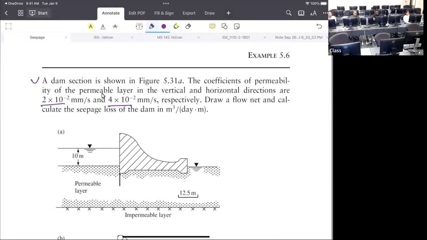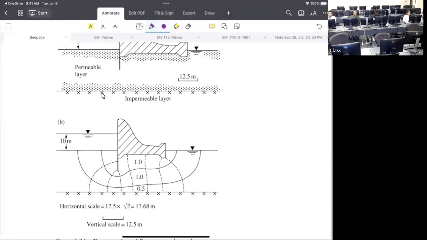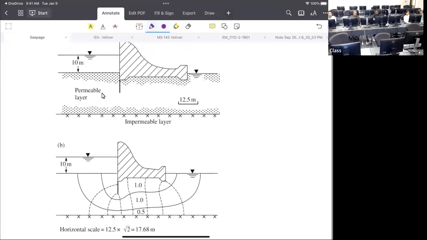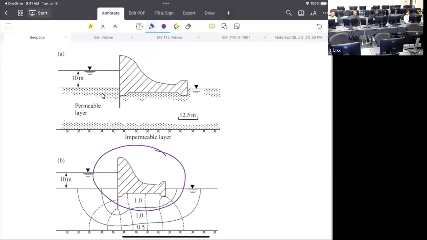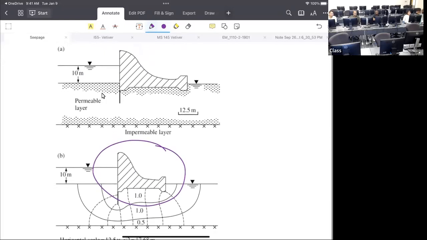Instead of adjusting anything, what's always being done here is that your dam is squeezed. This is the original length, and this is the adjusted length, so the dam is squeezed.